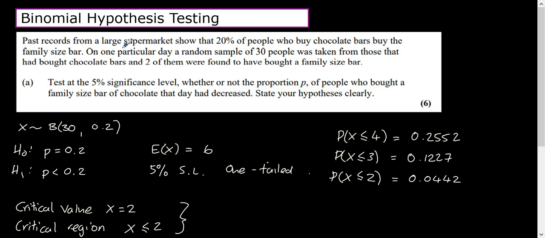Well, on one particular day, 30 people were sampled. 2 of them were found to have bought a family size bar. So 2 is our test statistic. That's what we're checking against. And we can say that 2 lies inside the critical region because 2 is less than or equal to 2.